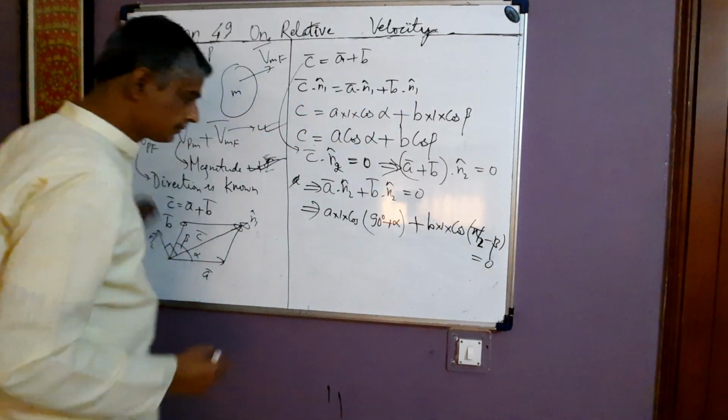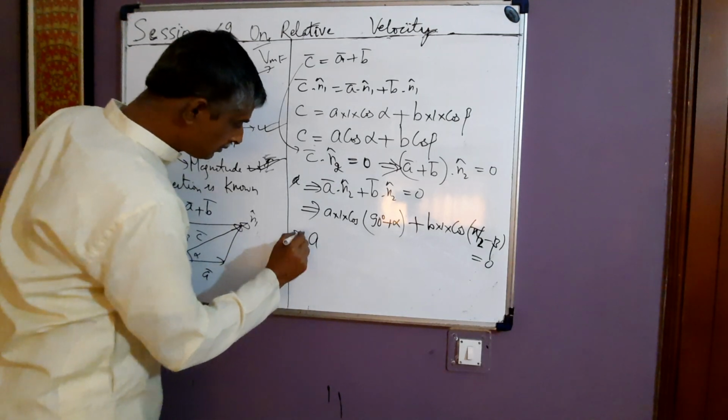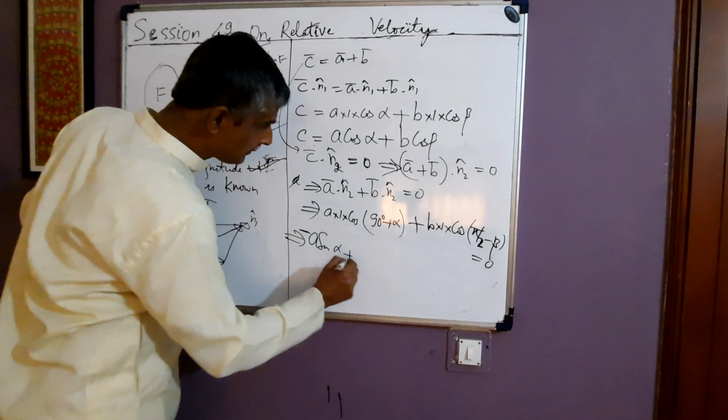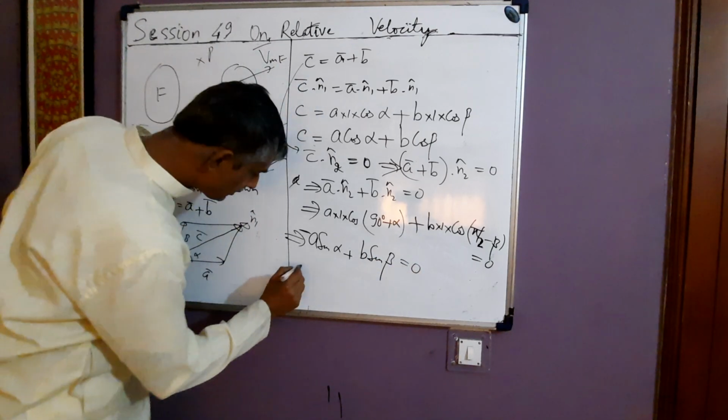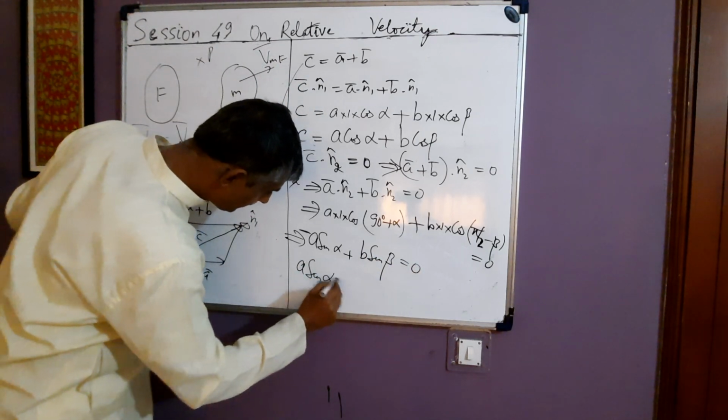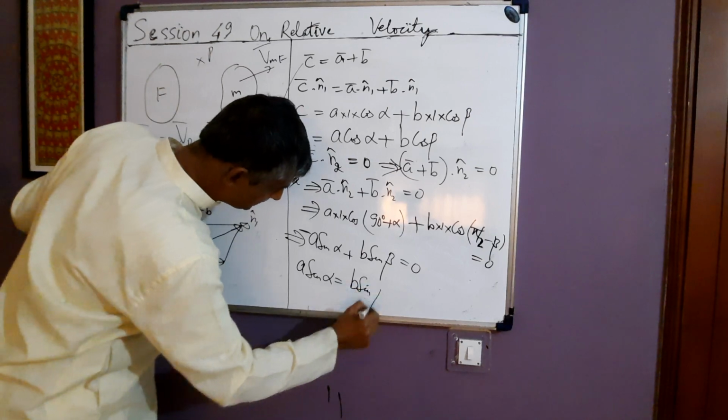So this becomes minus A sin alpha plus B sin beta is 0. So this means A sin alpha is equal to B sin beta.